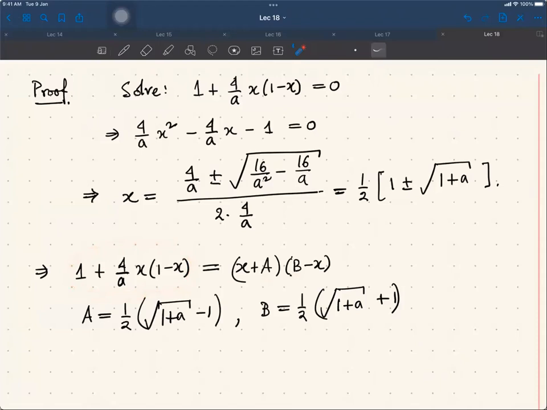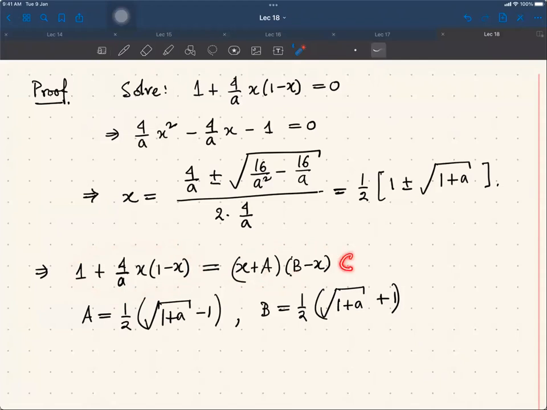If you multiply this by some overall factor, say c, then also this will be satisfied. What it guarantees is that if this is equal to 0, then this must also be equal to 0, because a and b are the roots. But that does not fix the overall constant c.